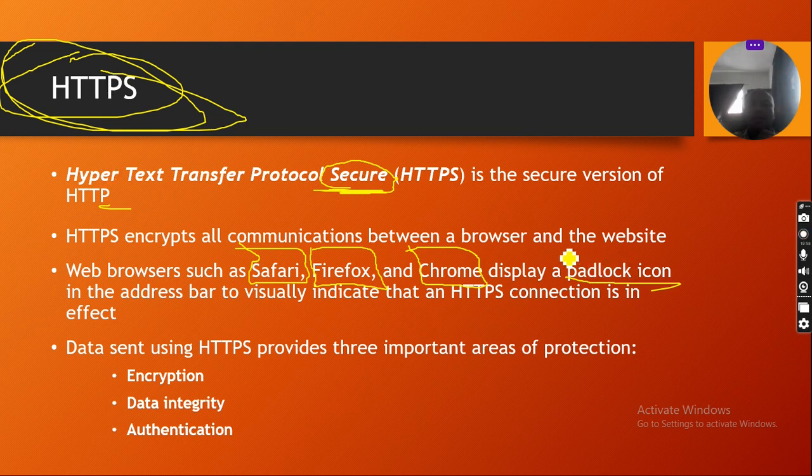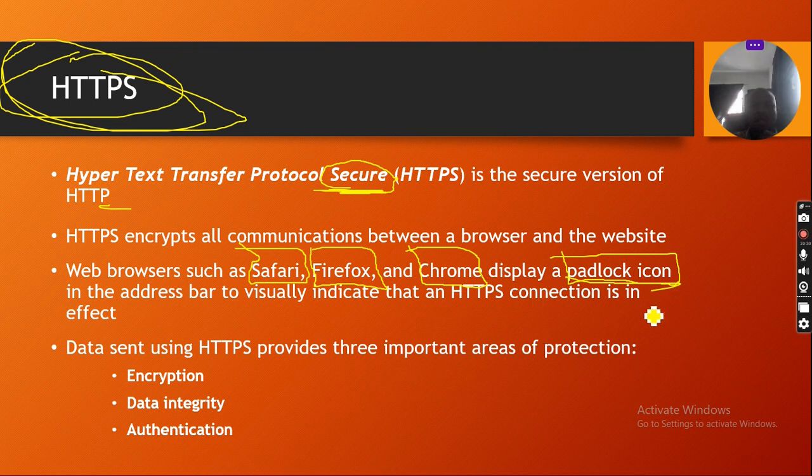They have an icon like a padlock in their address bar to indicate that the HTTPS connection is in effect, to show that this is a secure network, a secure website.